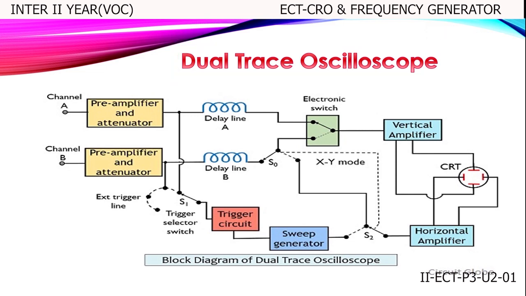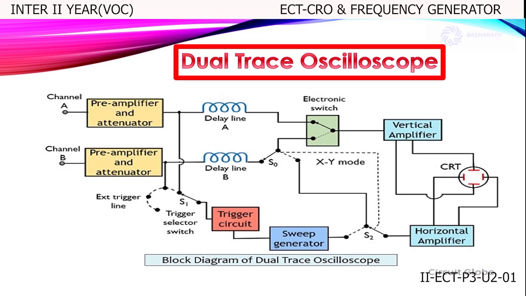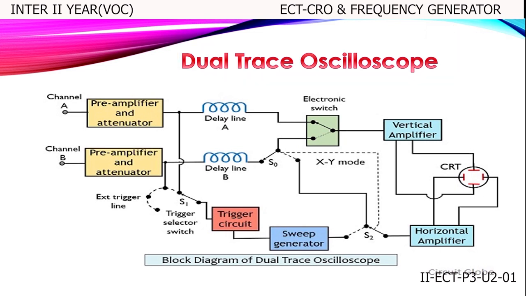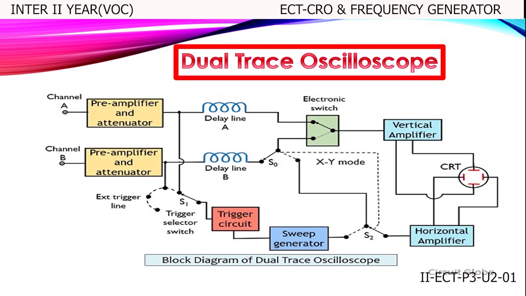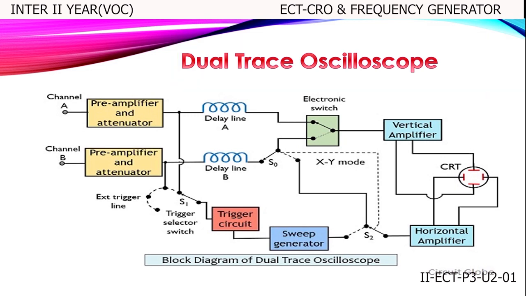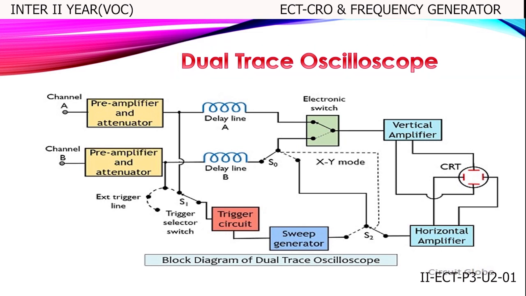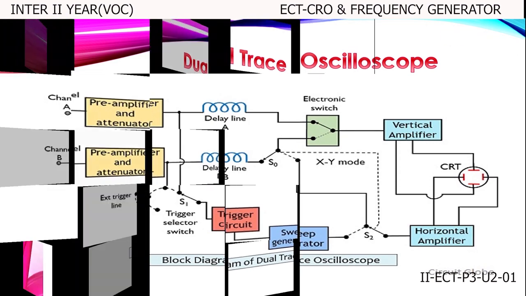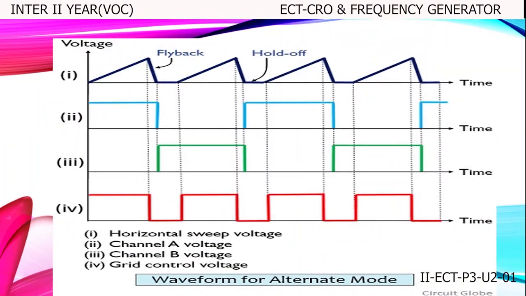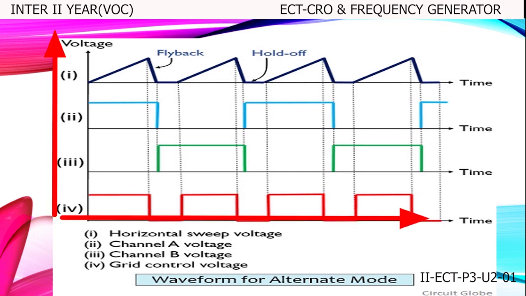Basically, the mode of operation of the oscilloscope relies on the choice of front panel control. In order to produce two separate traces, basically two methods are used, namely alternate and chop mode. Waveform of dual trace oscilloscope.